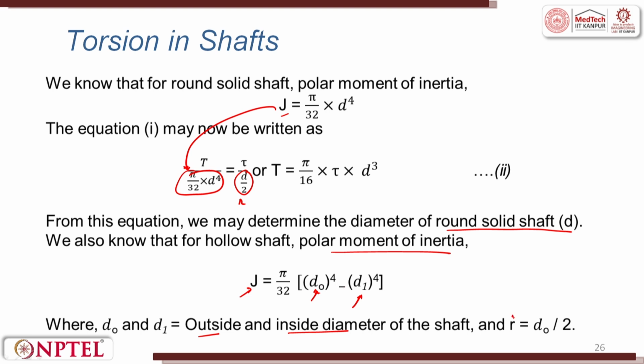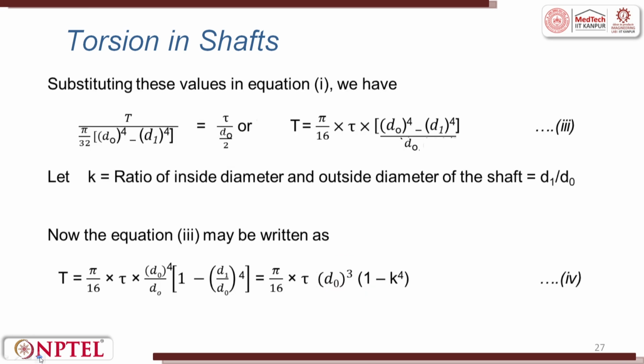Here again R, that is radius, is equal to d outside by 2. Now I put the value for the hollow shaft here, where T by J is equal to tau by R. This is R for the hollow shaft.